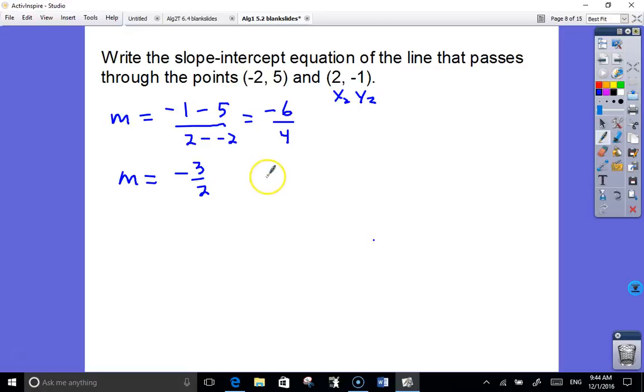So let's do it like this. Y equals mx plus b. We just determined the m, negative 3 over 2 x plus b. Now we need to use one of those 2 points. Doesn't make any difference. Does anybody have a preference here? Which would be easiest to do our calculations with? The 2, negative 1? Okay, so let's pick this one.